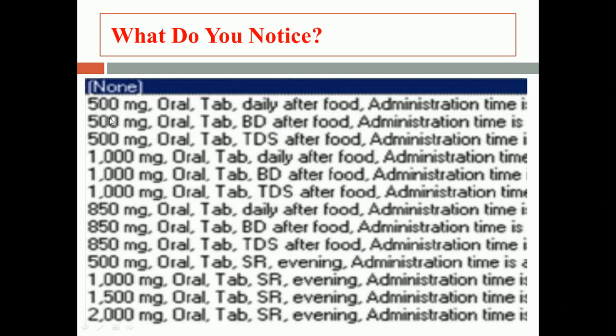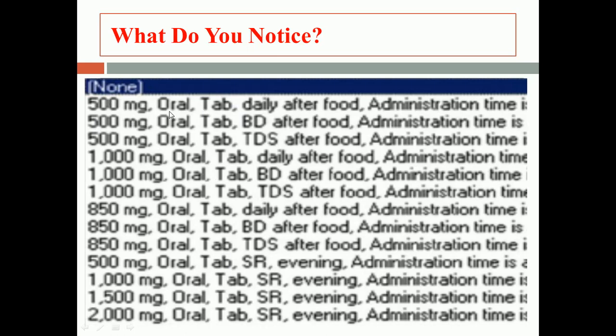For example, if you take these two examples, 500 mg oral tablet BD after food, while here it is 500 mg oral tablet SR. If you compare these two, the strength of the tablet is the same, because it is a tablet, it is also a tablet.